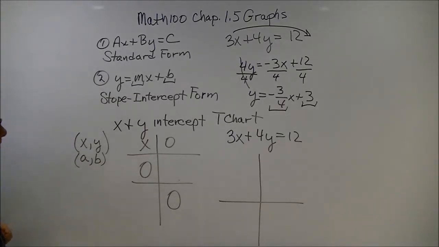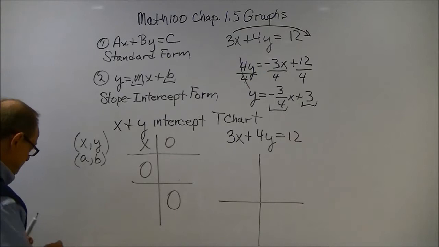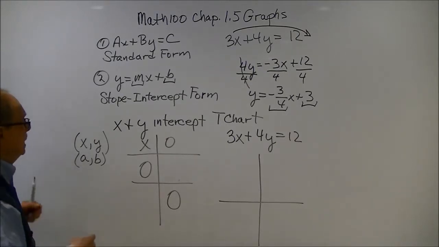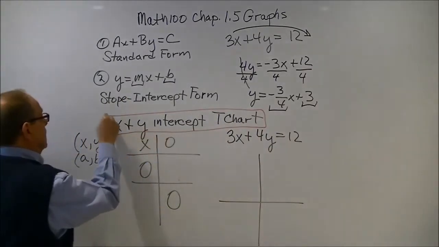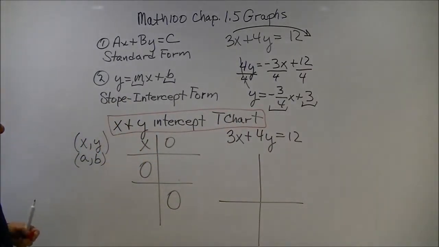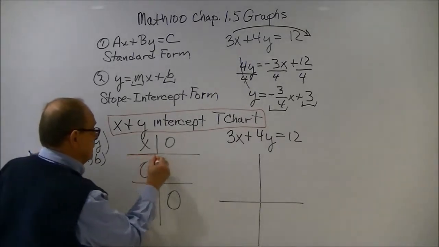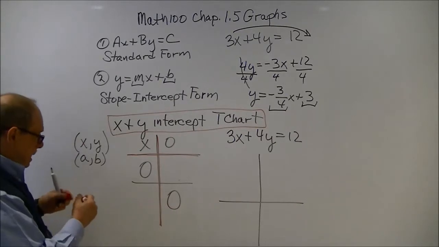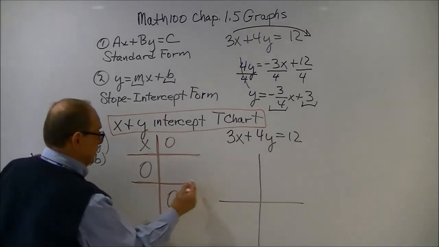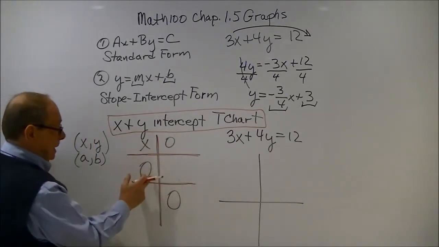Now, another thing that I'm developing here is called the X and Y intercept T-chart. If you look over here, this is sort of like a T. And you put in this spot, under the X, a 0.